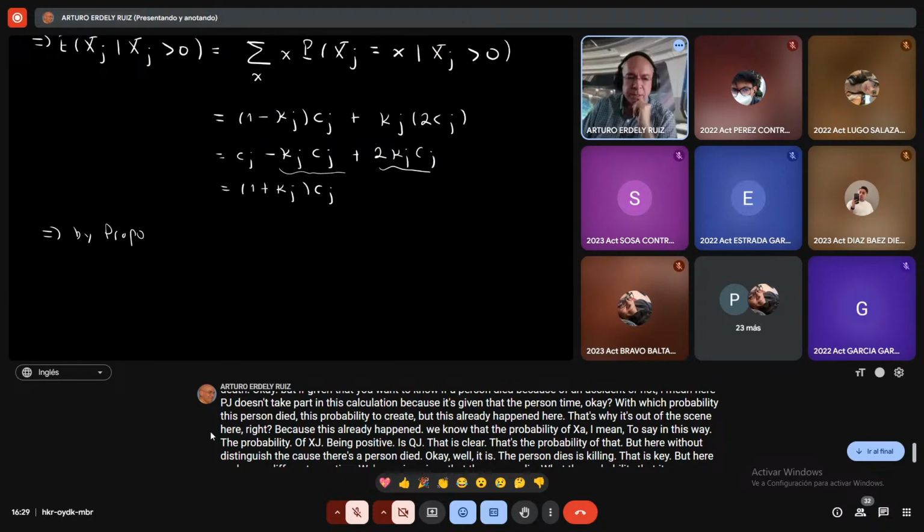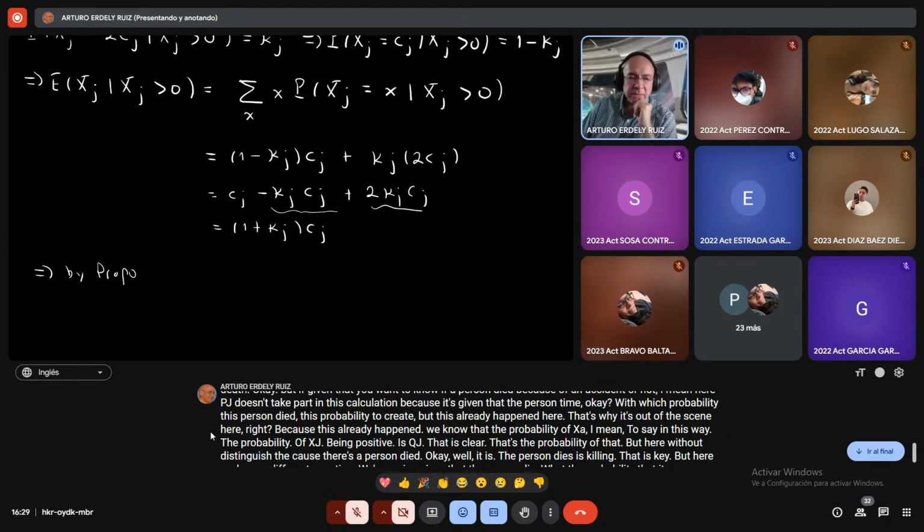Okay. So then, since we have this formula for the conditional expectation of xj given that the person died, that's what this event represents. Given that the person died, what's the expected value of xj?